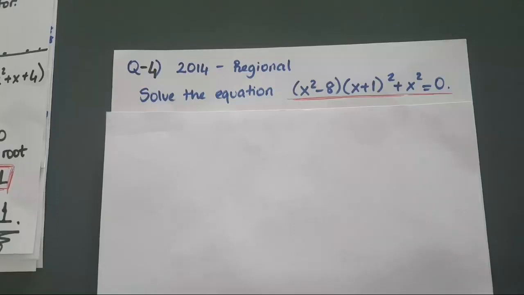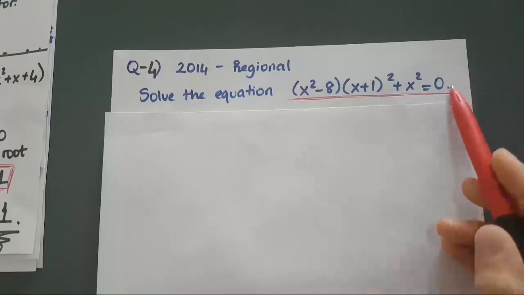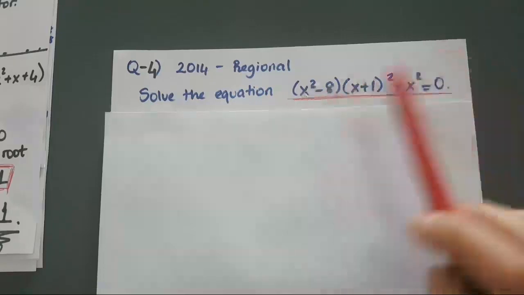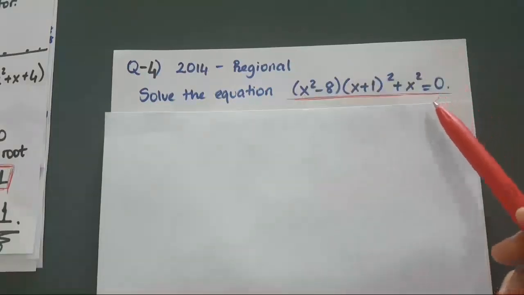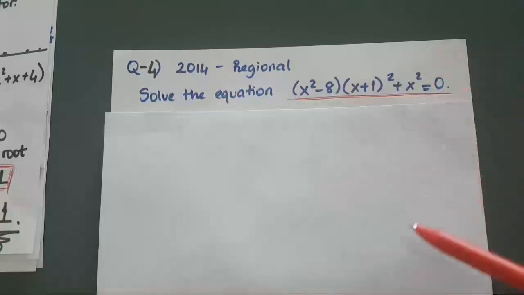What do you think? How to solve this problem? Somehow we have to reduce it to a quadratic expression, but how to do that? It's nice, the right side of the equation is 0, so we can divide the whole equation by something, but what should be that thing?